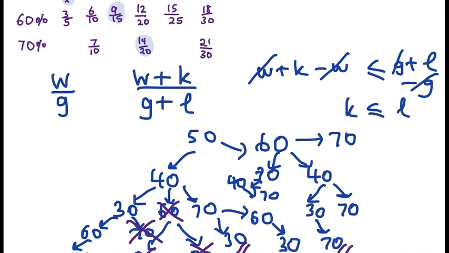Well, no, not really. 14/20 to 9/30, our number of wins, we can't decrease that, can we? So again, I'm going to end this route here. Now, our final branch, 50 to 60 to 70, 1/2 to 3/5 to 7/10.